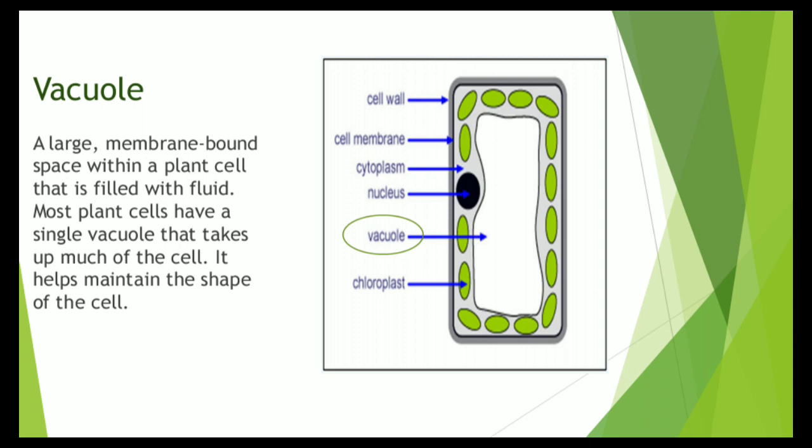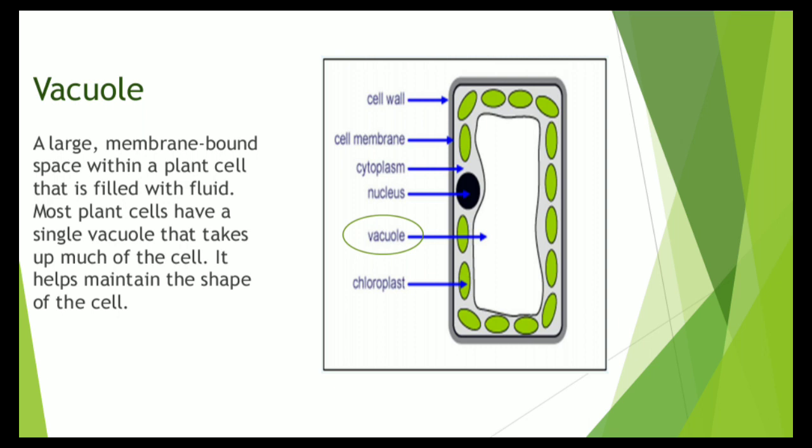Plants have a single vacuole and animals have more than one vacuole. Just remember that plants mostly have only one vacuole in a cell, and the function of the vacuole is to maintain the shape of the cell. Hope you understand all the parts of the cell.